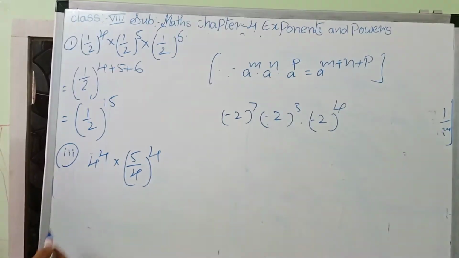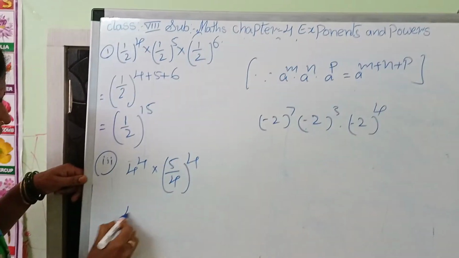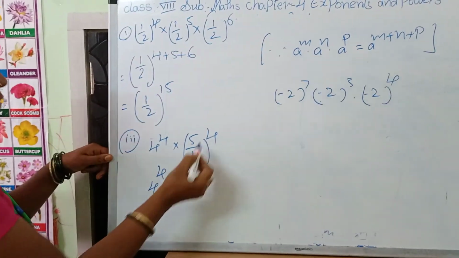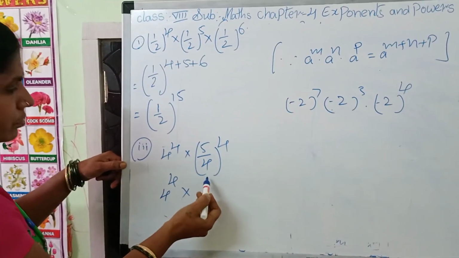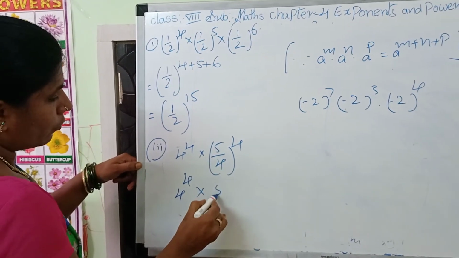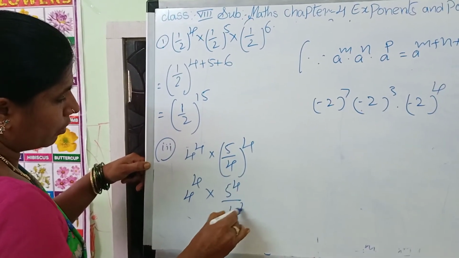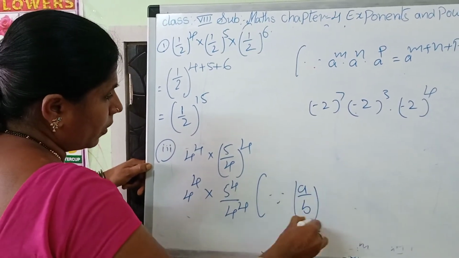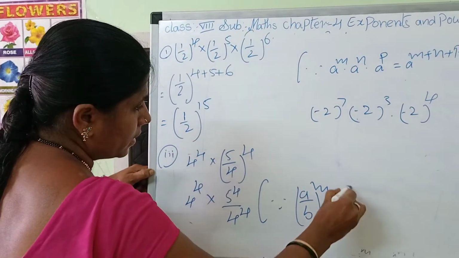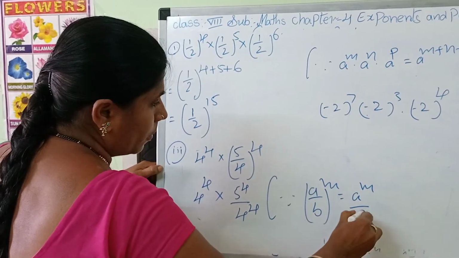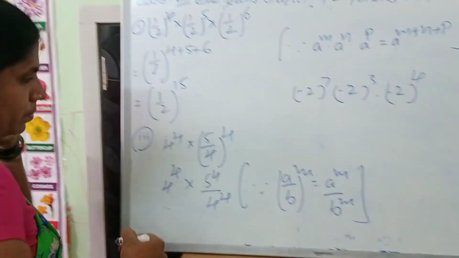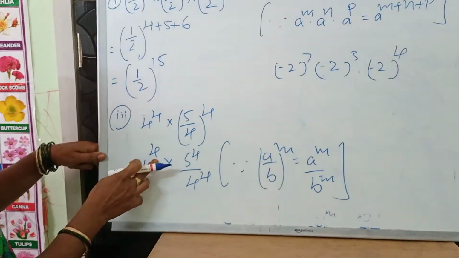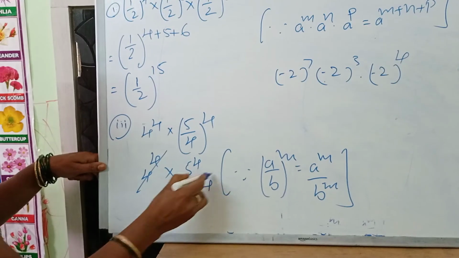So now let's see this one. Third one: 4 to the power of 4 into 5 by 4 whole to the power of 4. Now apply a by b whole to the power of m, a to the power of m by b to the power of m. So 5 to the power of 4 by 4 to the power of 4. Observe this one: numerator 4 to the power of 4, denominator 4 to the power of 4, they get cancelled.